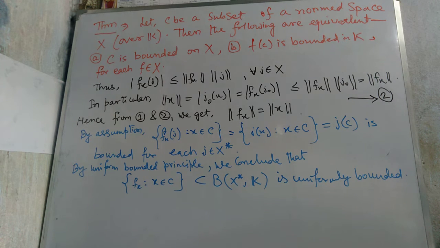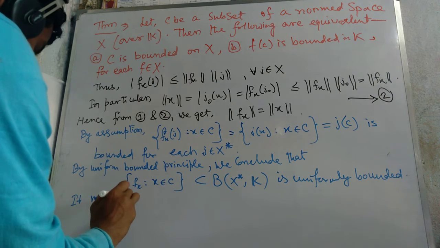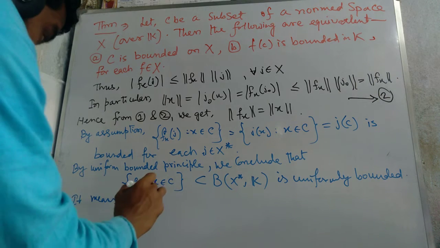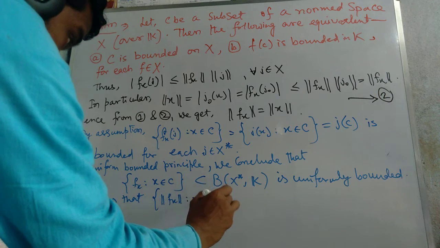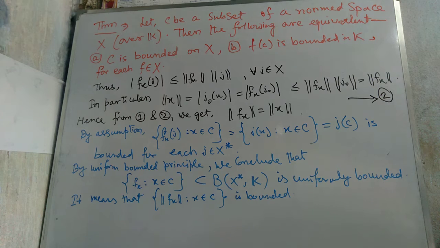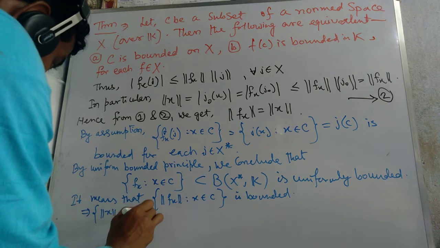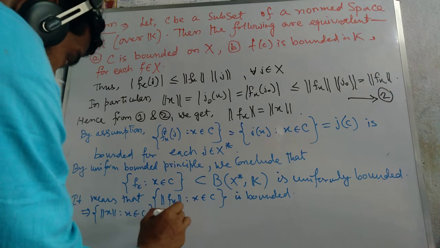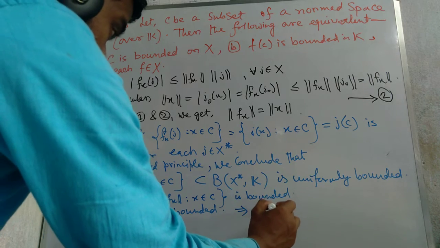Okay, it means that the norm of f_x, x belongs to C, is bounded. This implies that the norm of x, x belongs to C, is bounded. This implies that C is bounded.